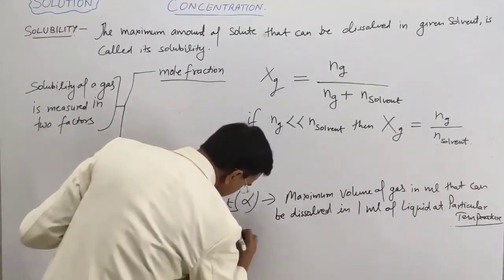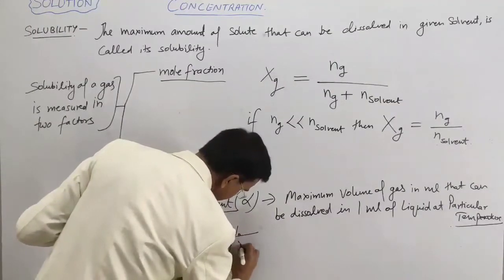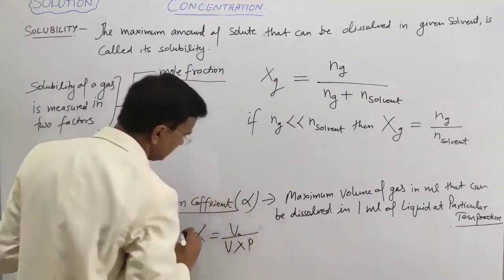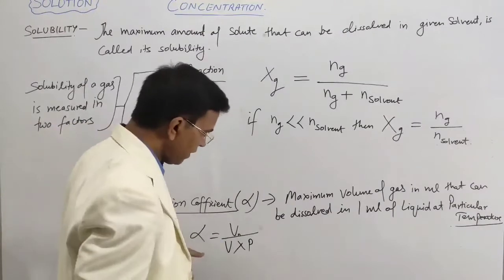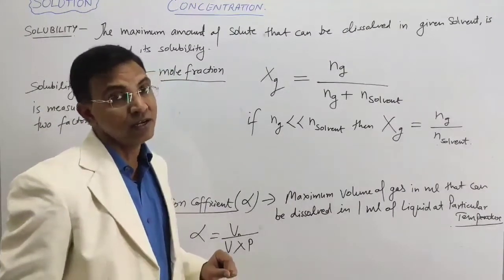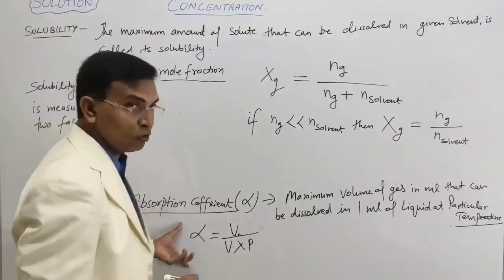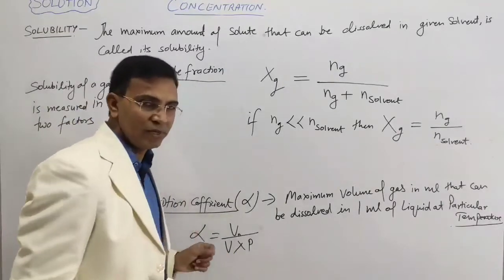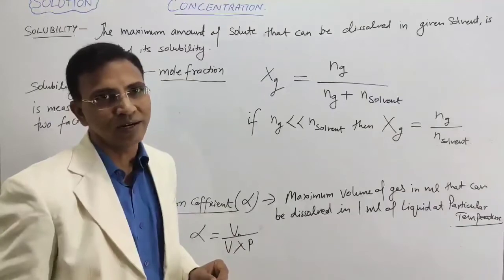The formula is alpha is equal to V0 upon V into P. We have also discussed it in the chapter states of matter. If you want to study it in depth, you have to go through the states of matter chapter.